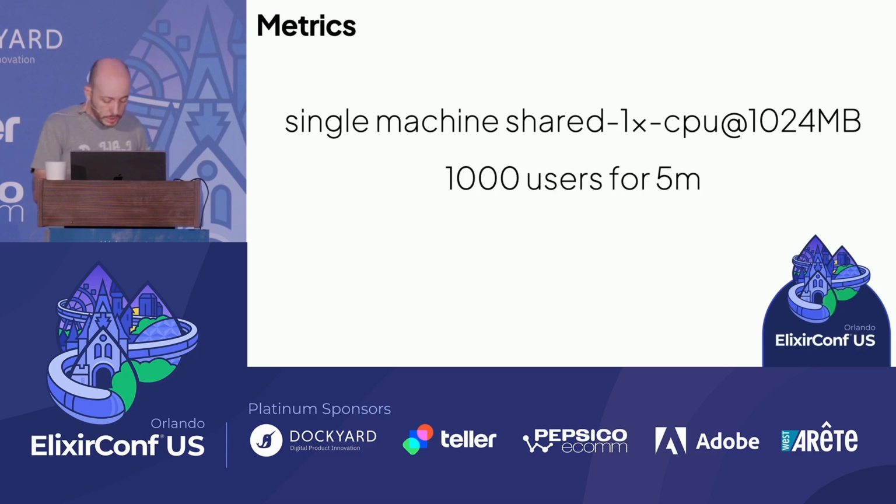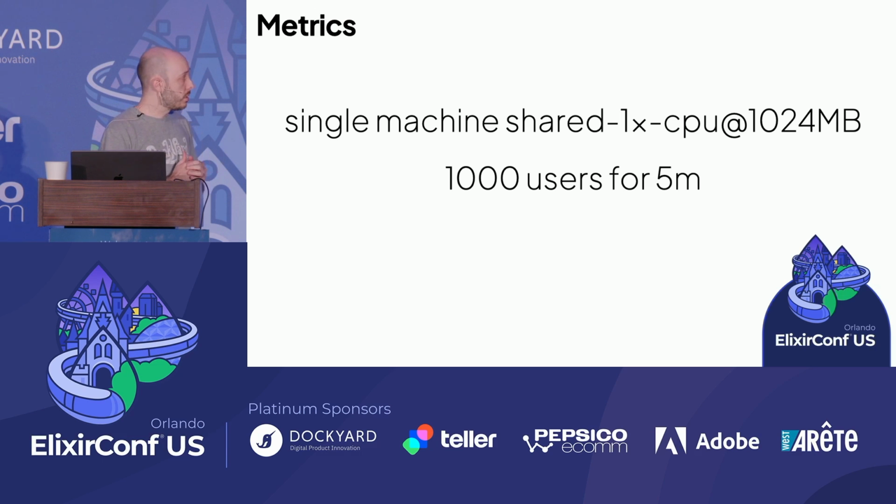Now, the next numbers I have, I'm running a site on a small fly.io instance. It's a shared CPU instance with just 1 GB of memory. That site has just one page that is exactly like the Dockyard homepage, but I have removed the database calls because I want to benchmark the rendering time, not the database.